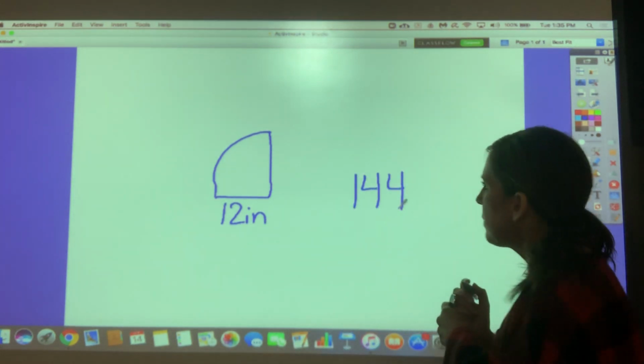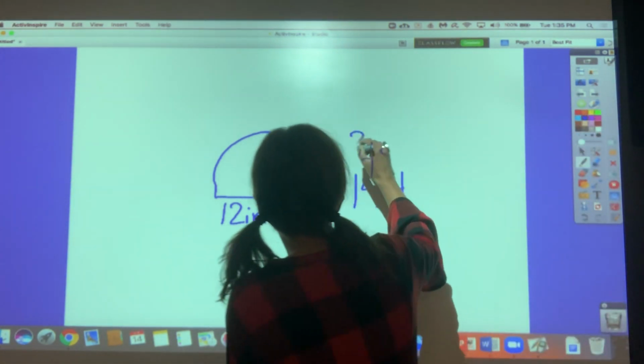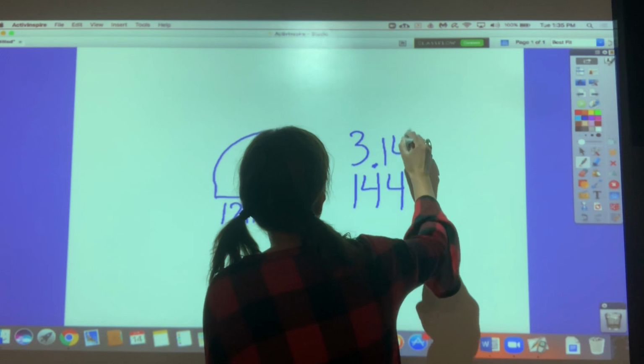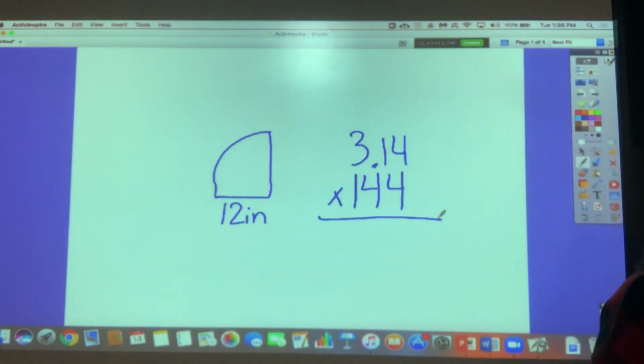Okay, we're going to multiply by pi, which in this case we need to use 3.14. Okay, 3.14 times 144. We actually did this in an earlier problem that was an entire circle, if you can remember what you put. We actually used this at the beginning for an entire circle.